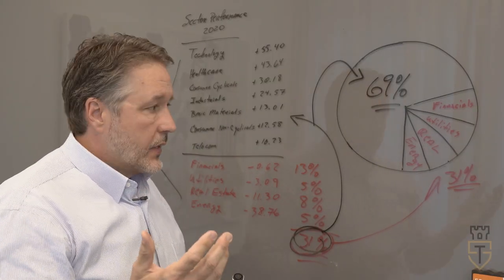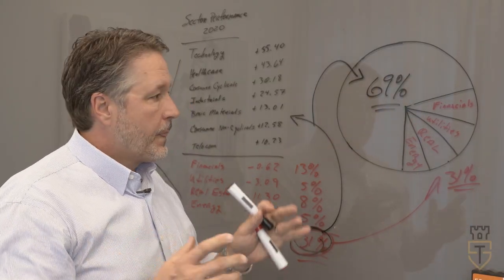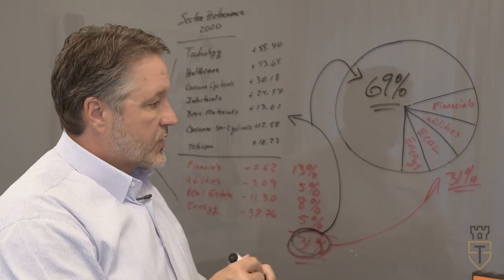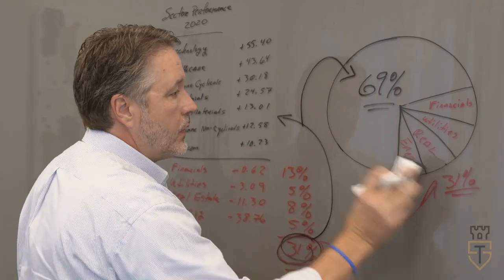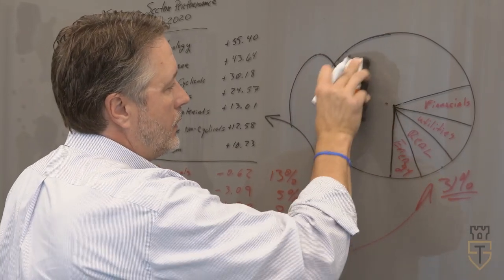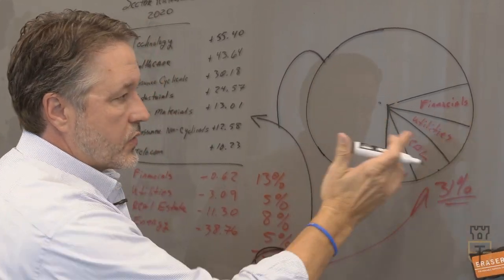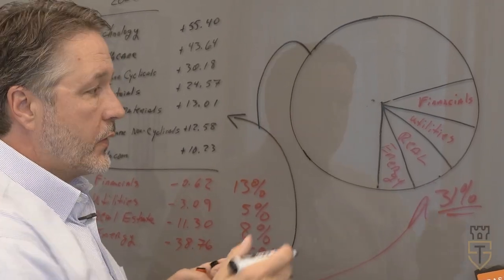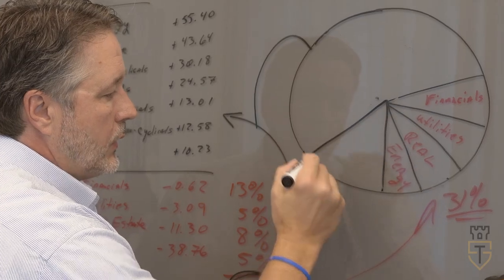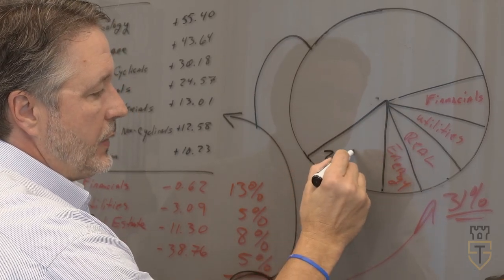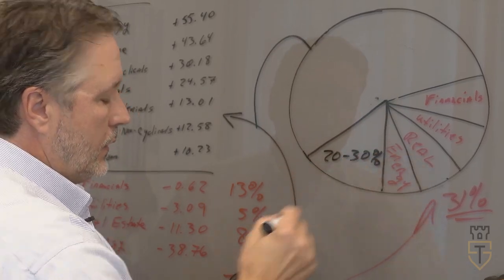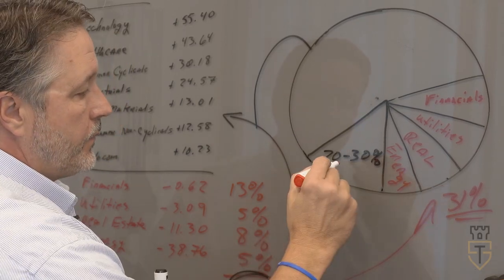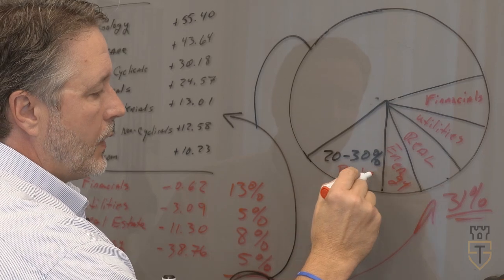As we discussed in another module about owning bond funds or fixed income, let's say that not only did you own these areas of the market, but let's say for a conservative or moderate portfolio that you had an additional 20%, maybe even 30% in fixed income or bonds. Let's just say bonds.